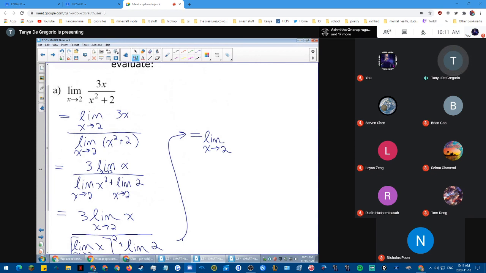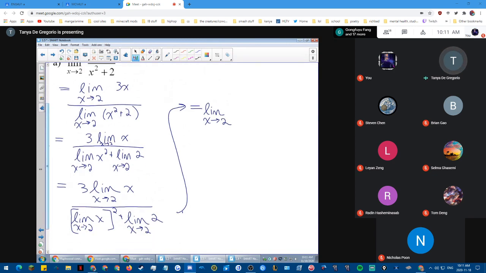Okay, so limit as x approaches 2. Now we want to evaluate. All we have to do is sub in. So it's 3. And then when I evaluate the limit, I'm just subbing in 2. Right? It's just x. And then in my denominator, I'm just subbing in 2, and it's squared.